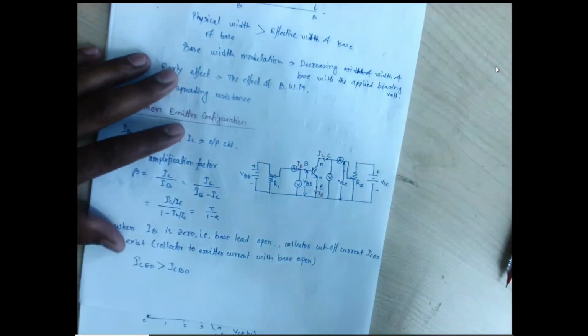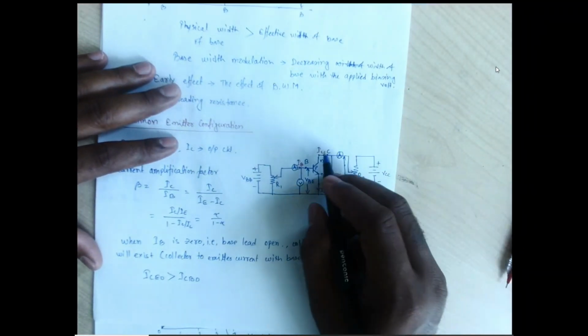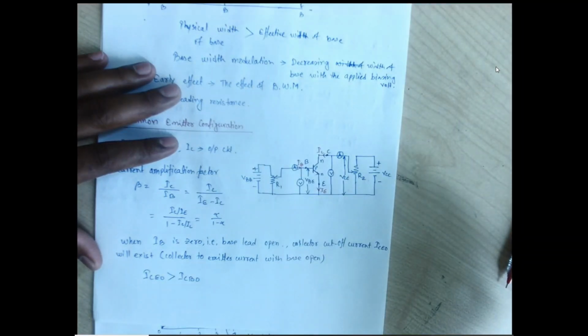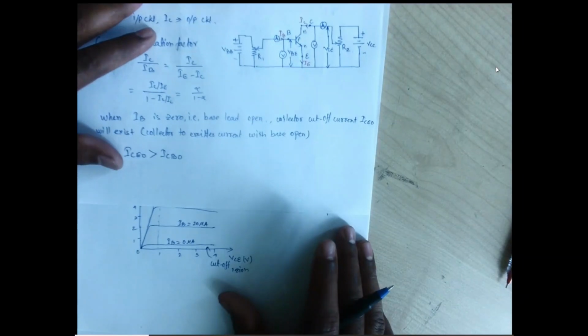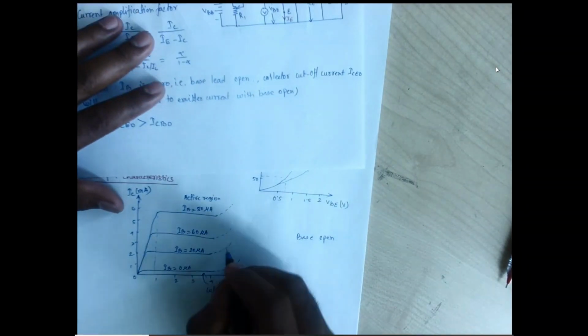If we increase VCE to a greater extent, a higher amount of reverse bias will be applied to the collector base junction. So a time will come when breakdown will occur, due to minority charge carriers. So if we increase further, we will have the breakdown. That is what the breakdown is.